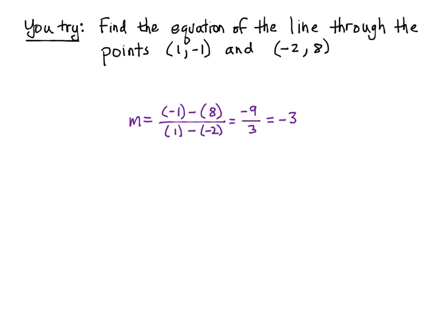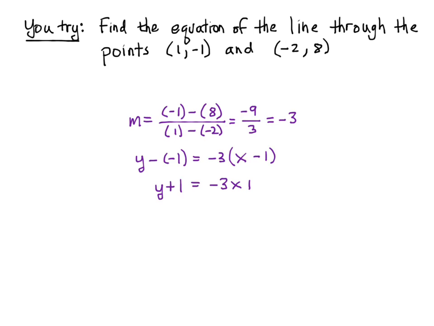And notice my parentheses here. If I did this without parentheses, I guarantee you about 20% of the time I'd make a sign mistake. So it's a little bit of just an exercise in accuracy for me. Okay, and then we'll put in one of the points here, and just remember that this is the y value, and this is an x value, and it's x minus that x value, so we're good there.